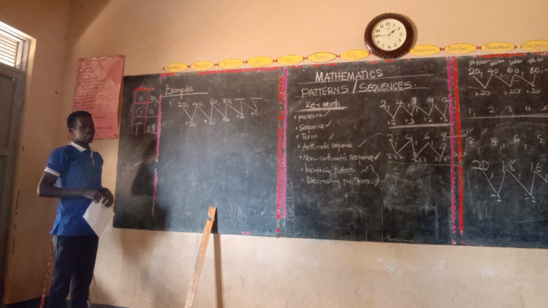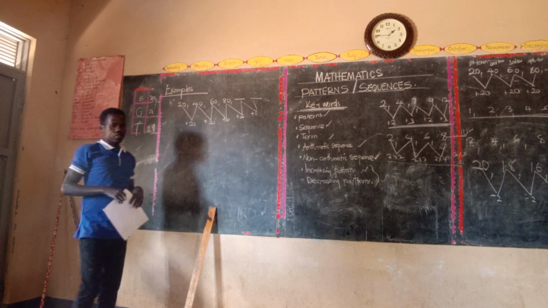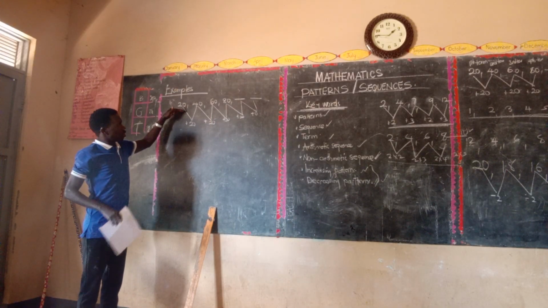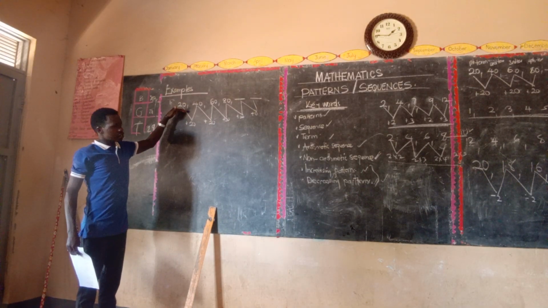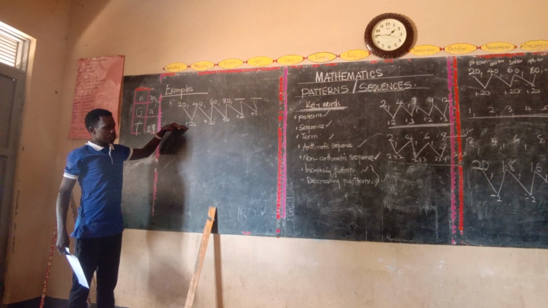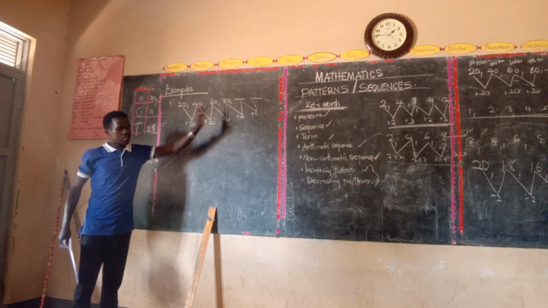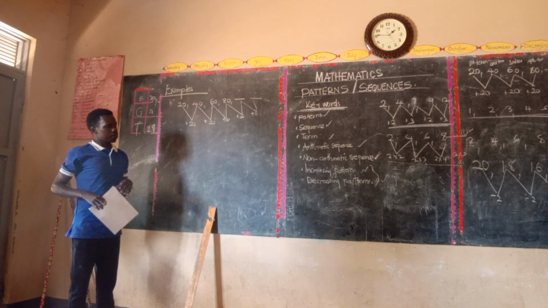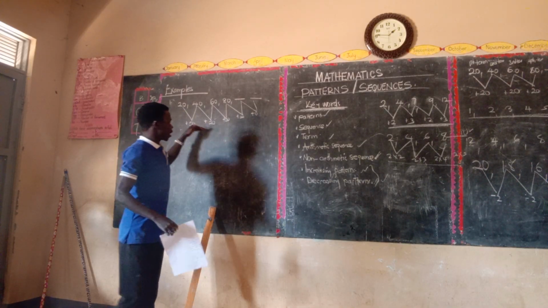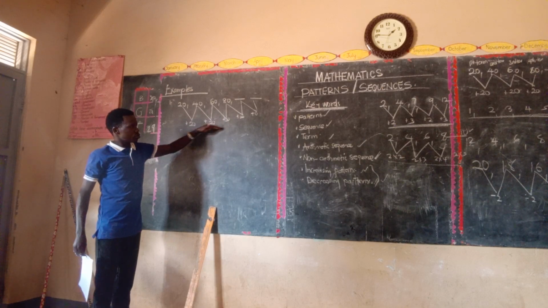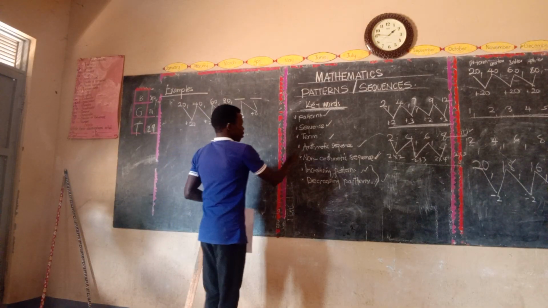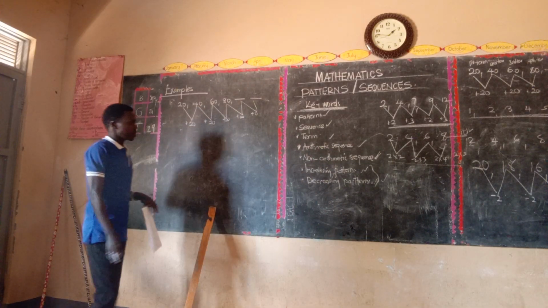Now looking at this type of pattern, it falls under increasing patterns, simply because the terms or the numbers are increasing. You can see all the patterns are got by adding, so this one falls under increasing patterns. And looking at the relationship between the numbers here, it is uniform, meaning this is what is called an arithmetic sequence.